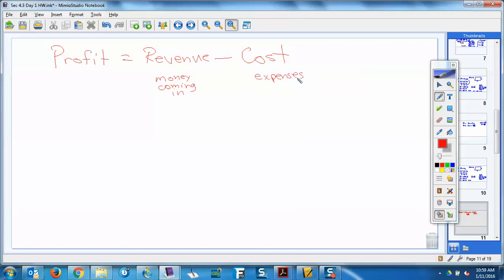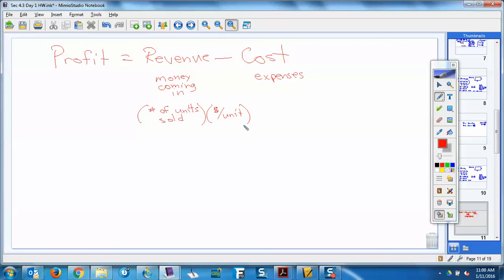So money coming in is typically number of units sold times price per unit. I mean, it's pretty common sense, right? I mean, you sell 1,000 units for $10 each, you got $10,000 coming in. But that's not your profit, that's your revenue, right? That's the money coming in.